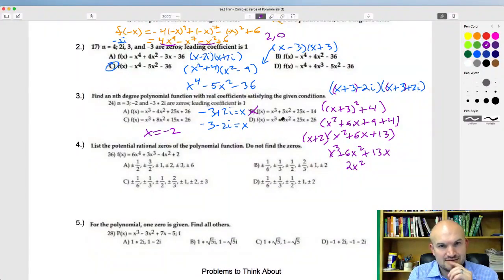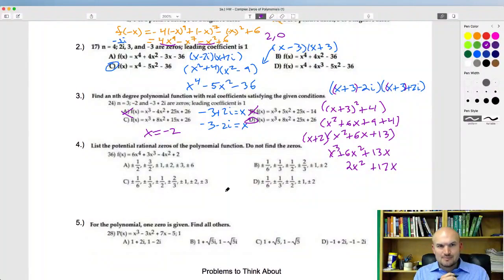That's going to give me 8, so it's not going to be that one. And let's see, 2 times 6x is going to be a positive 12x. And let's see, if I was going to combine these, that's going to be 25. And you can see here, there's my answer D. Okay, so obviously if you add the last one to give you 26, you're good.